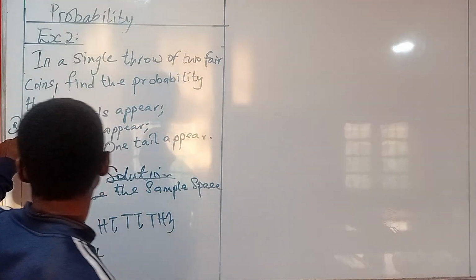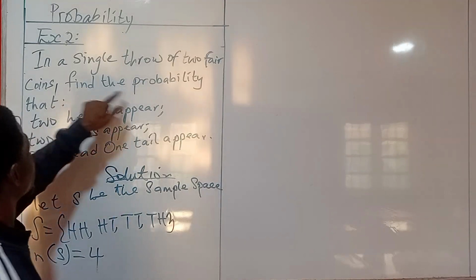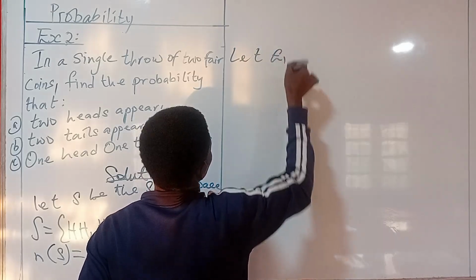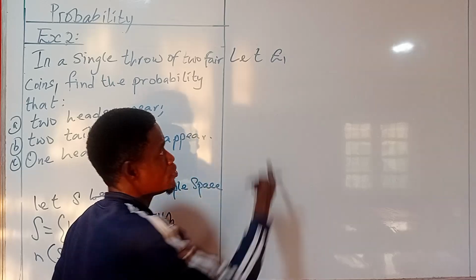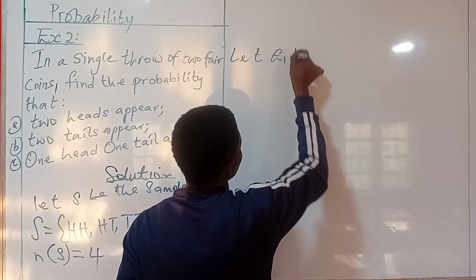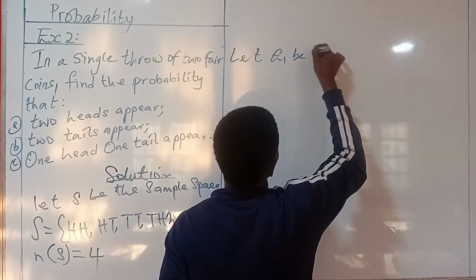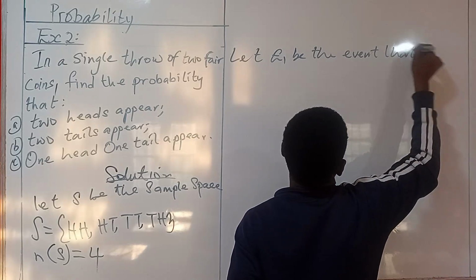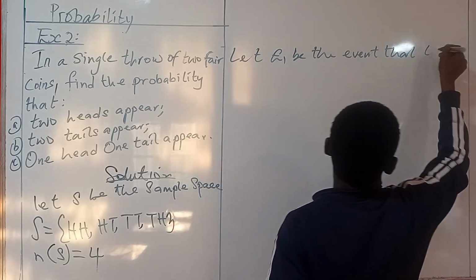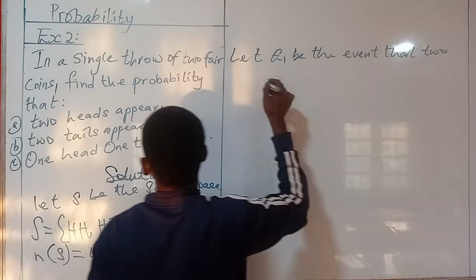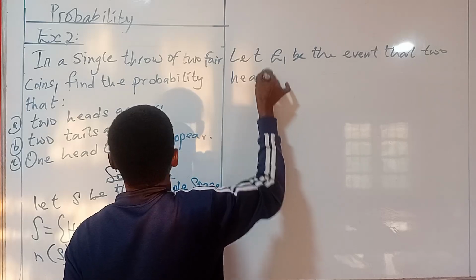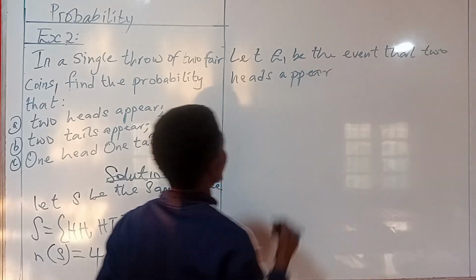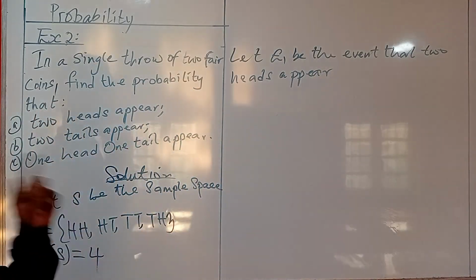Okay, now the question says find the probability of 2 heads. So you are going to tell us, let E1 be the event that 2 heads appear.